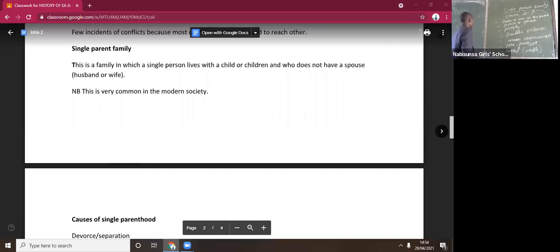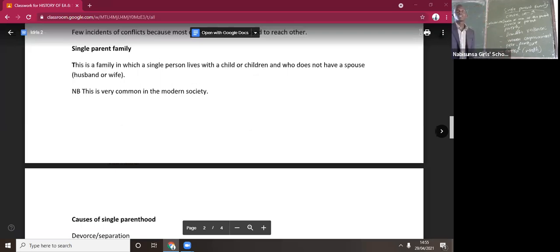She has talked about unfaithfulness. Yeah, that one is too common. Okay, there are many reasons. You talk about anything that can break a family. Any point you think about, and you know it can force a family to be divided, you give that answer.